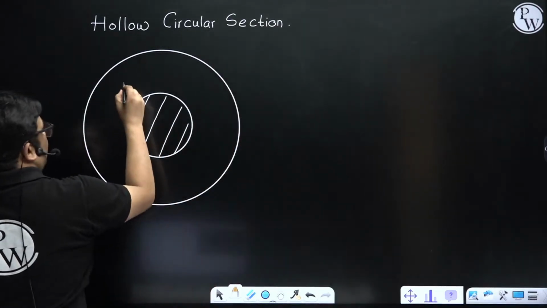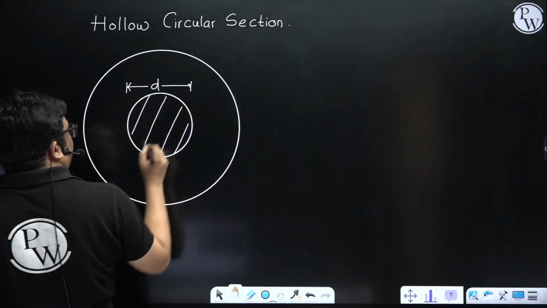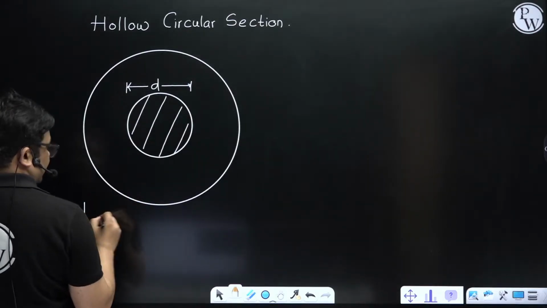Suppose this internal diameter I am taking as small d, and this external diameter I am taking as capital D.